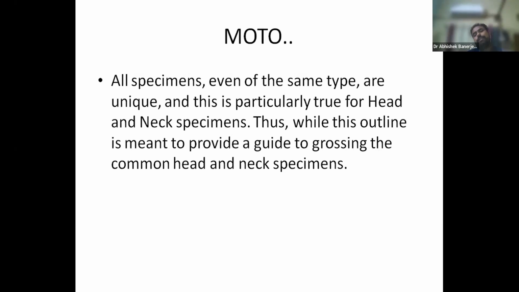The motto of this presentation is that all specimens, even of the same type, are unique. This is particularly true for head and neck specimens. Thus, this outline is meant to provide a guide to grossing of head and neck specimens.